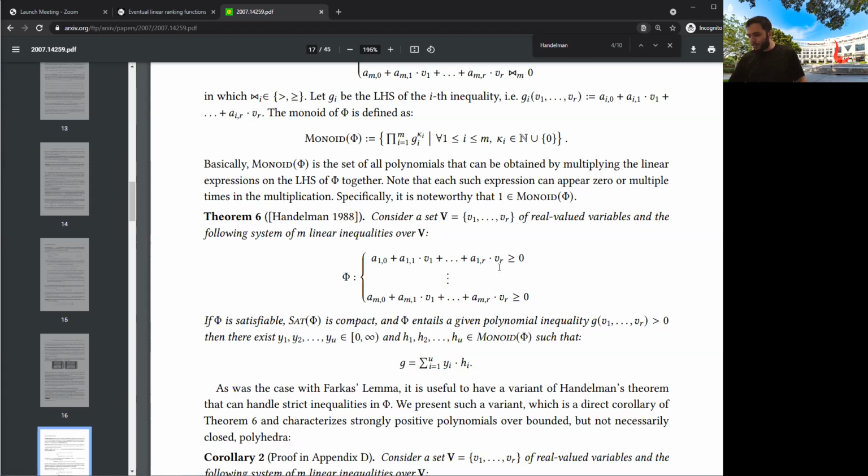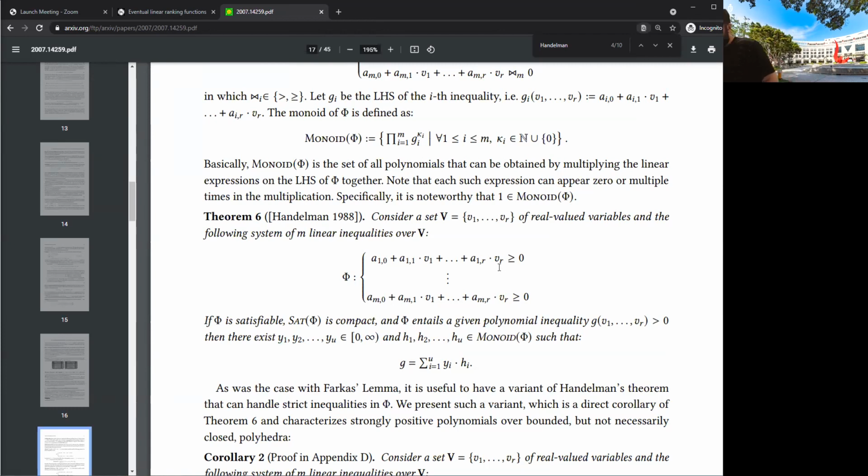So all I want you to know is how we use Farkas lemma to synthesize linear ranking functions, linear eventual ranking functions, and linear lexicographic ranking functions. But I also want you to be aware that there are ways of doing this for the polynomial case as well, even though they're much harder.